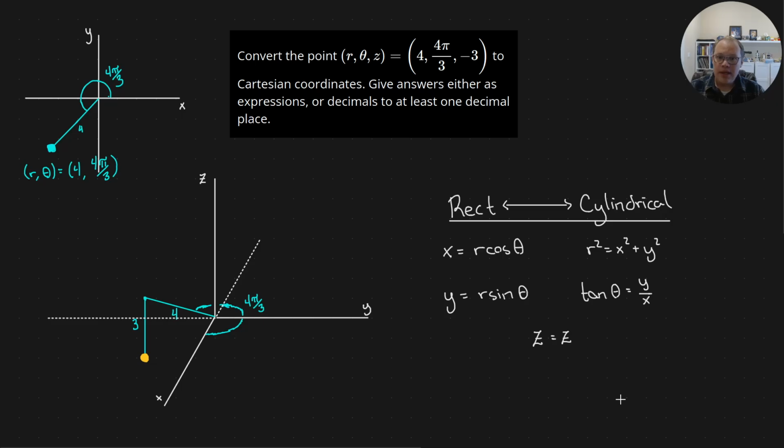Okay. Now in this particular case, I want rectangular coordinates or Cartesian coordinates. I want x, y, z. So if I want to find x, y, z, these are probably the formulas that I want here, right? If I know r and theta, I can find my x. If I know r and theta, I can find my y. And z is just z, okay? So let's plug into these formulas one at a time.